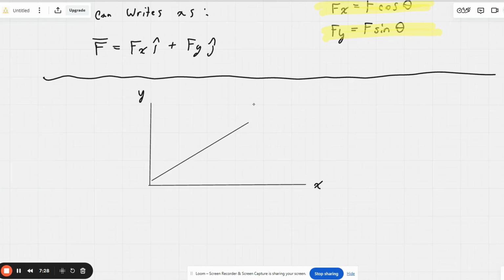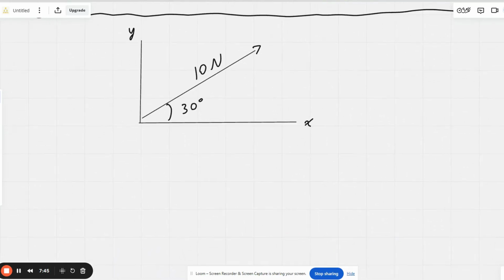This vector has an angle of 30 degrees, let's say, and a magnitude, let's call it 10 newtons. So we have our newtons, we have our angle. Now we want to try to find the x and y components.